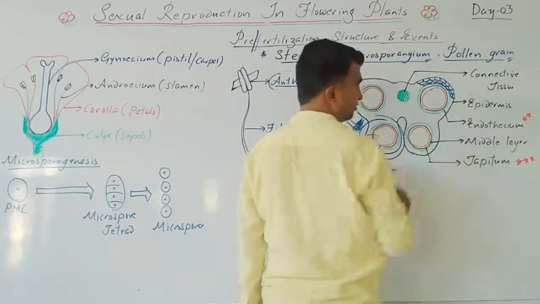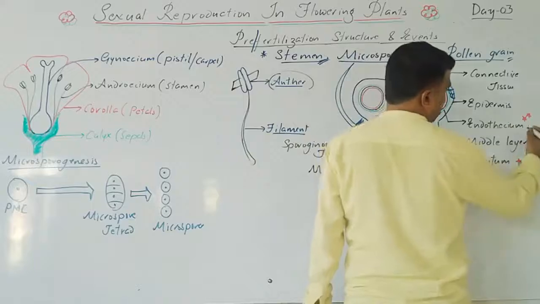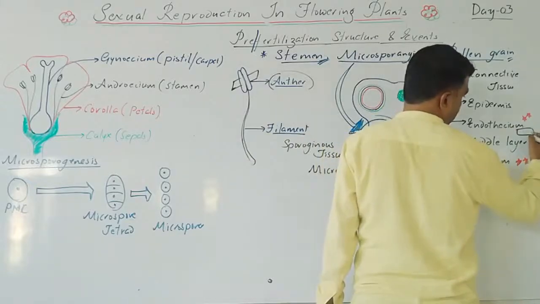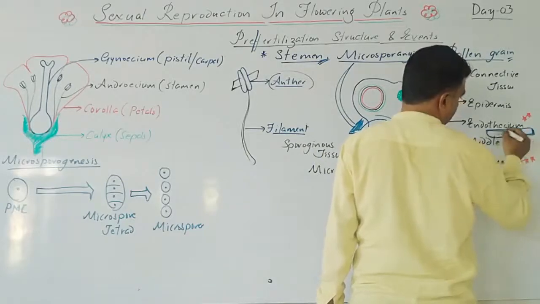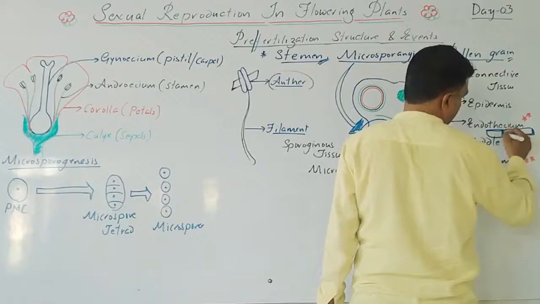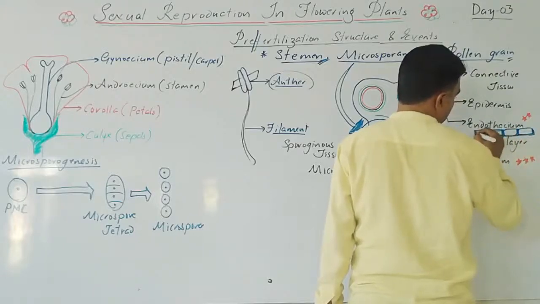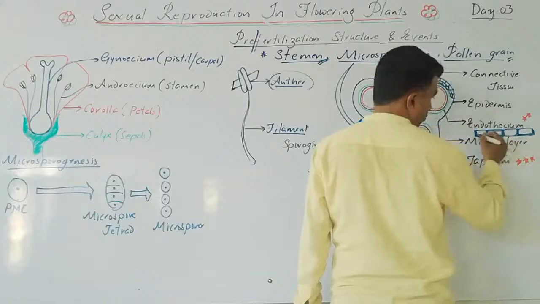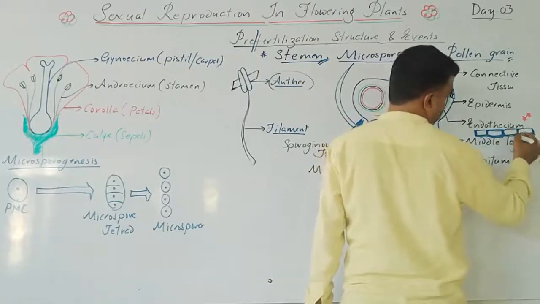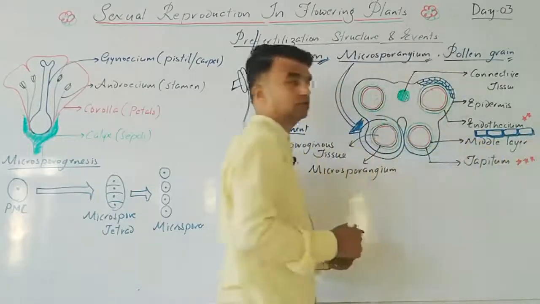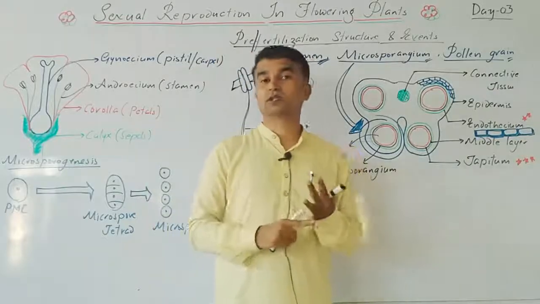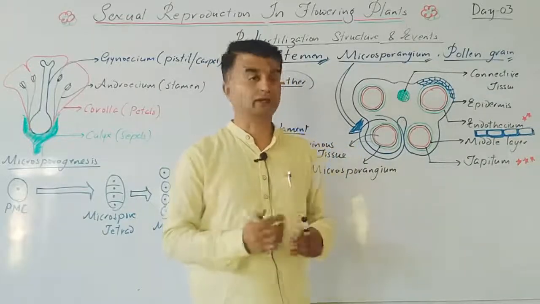The difference is that in the endothecium cell, the radial wall and tangential wall are thickened. In this, specific chemicals are deposited: cellulose, pectin and lignin.